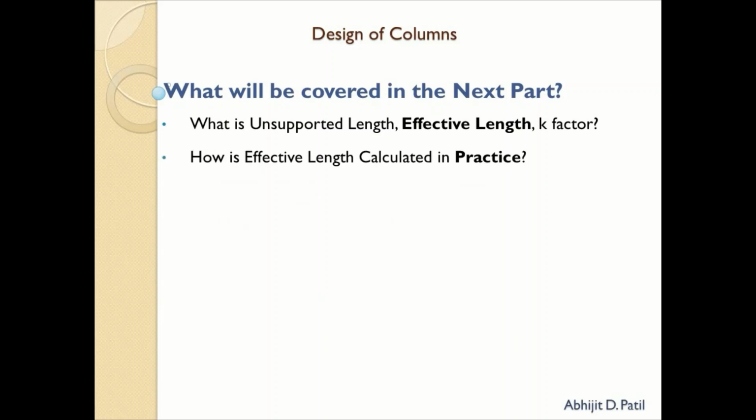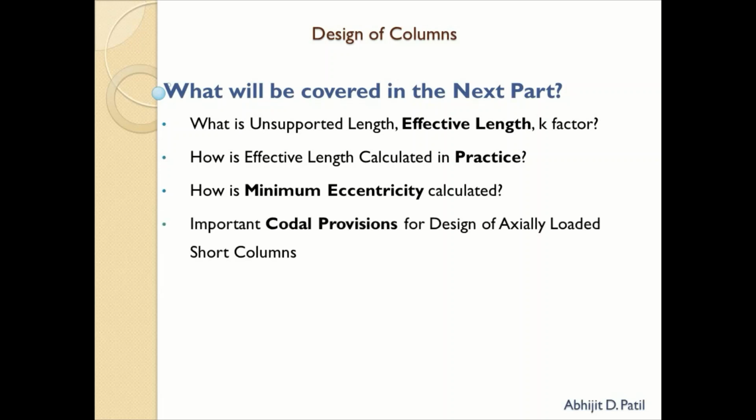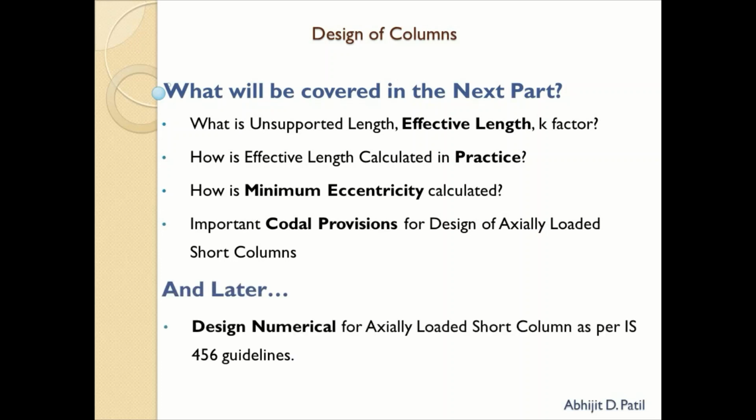Then ये बहुत सारे लोगों को पता नहीं है, प्रैक्टिस में इफेक्टिव लेंथ कैसे कैलकुलेट करते हैं, how is minimum eccentricity calculated, what are the other important model provisions IS 456-2000 for design of axially loaded short columns. And the part next to that, later we are going to see one design numerical for axially loaded short column as per IS 456 guidelines.